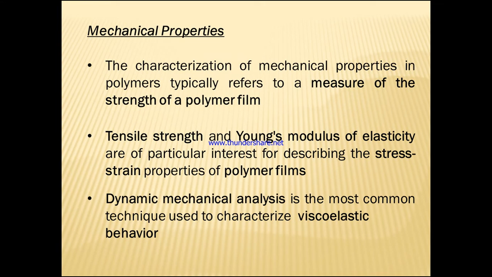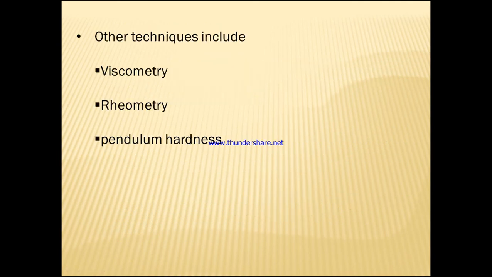Dynamic mechanical analysis is the most common technique used to characterize viscoelastic behavior. So when we want to find out the viscoelastic behavior of a material, we prefer dynamic mechanical analysis.